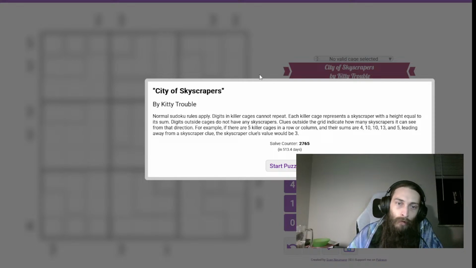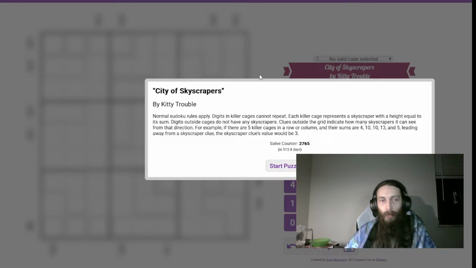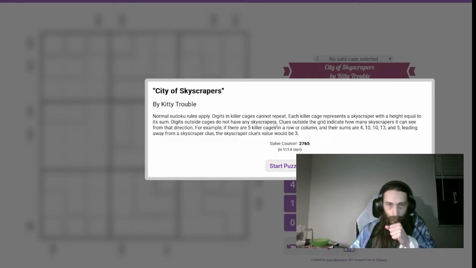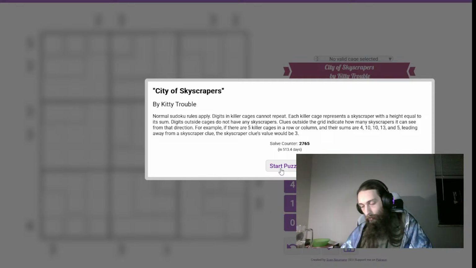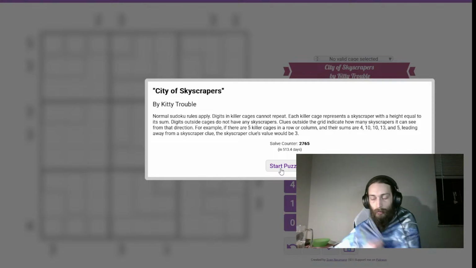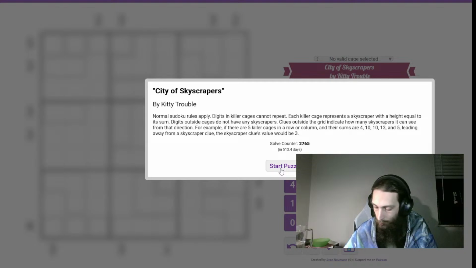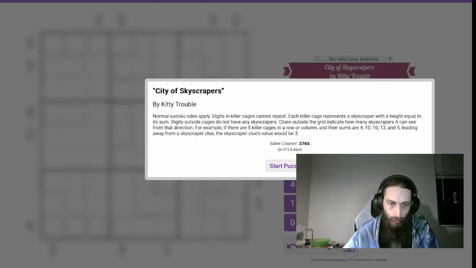What? Each killer cage represents a skyscraper with a height equal to its sum. Okay. I think I understand now. The whole cage is a singular skyscraper, rather than individual cells. That seems straightforward enough to me.